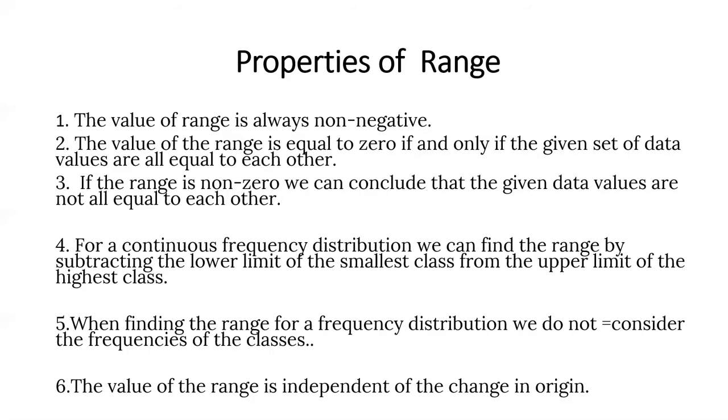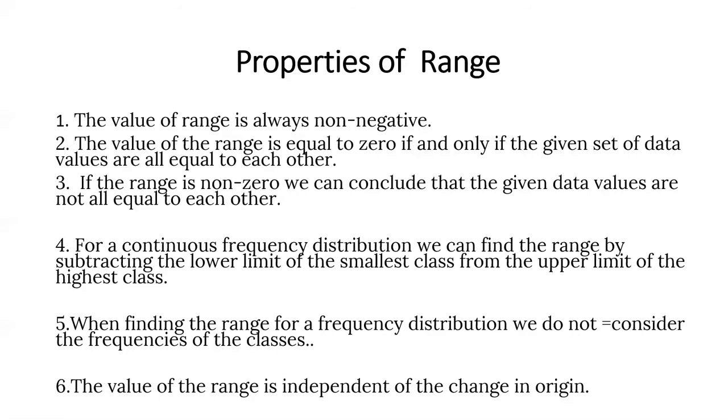Okay, then point number 3: if the range is non-zero, we can conclude that the given data values are not all equal to each other. Means if the range is any number except negative or 0, the values will be different. They will not be identical.